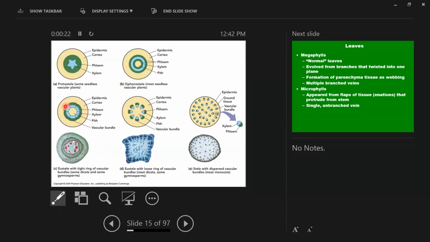And then eustele is where it's a ring. Well, yeah, siphonostele. So yeah, please know protostele. I think siphonostele might show up either in lecture or lab. So those two main groups for the seedless vascular plants, protostele and siphonostele. And then the eustele is really more with the seed plants, once you get into that.